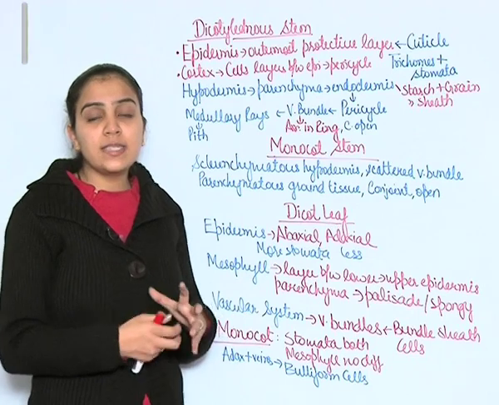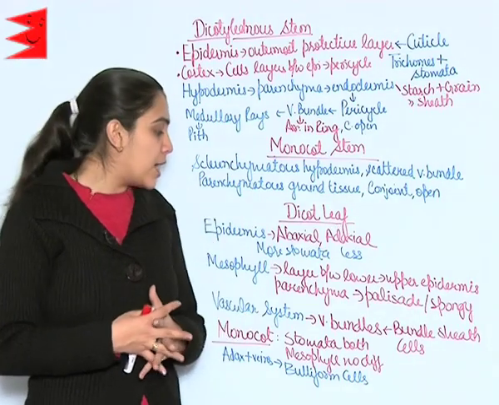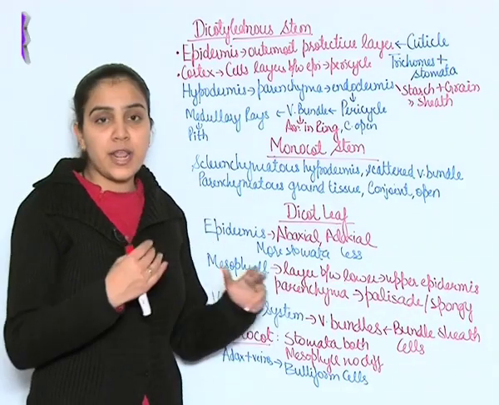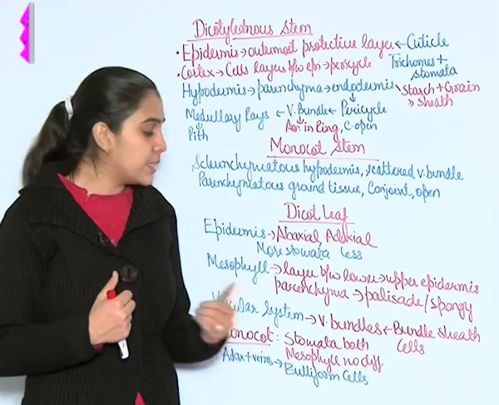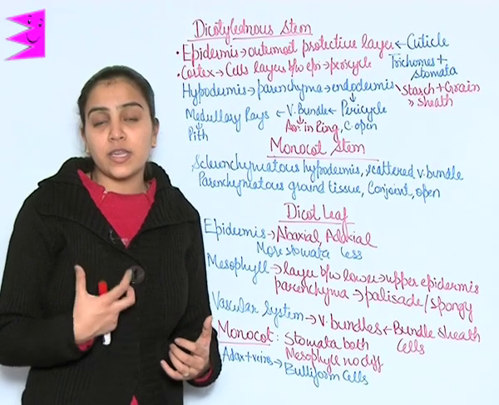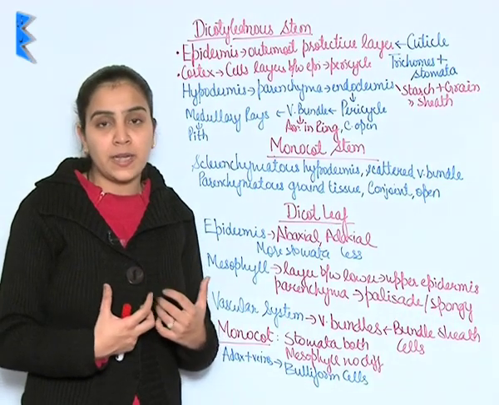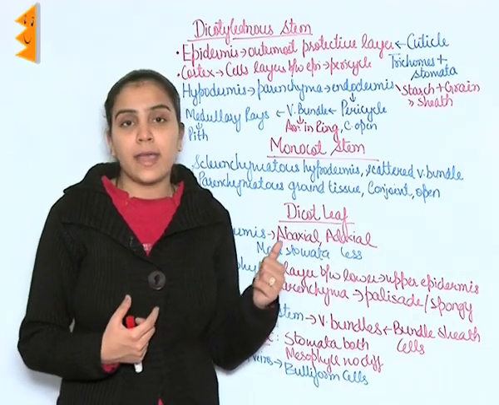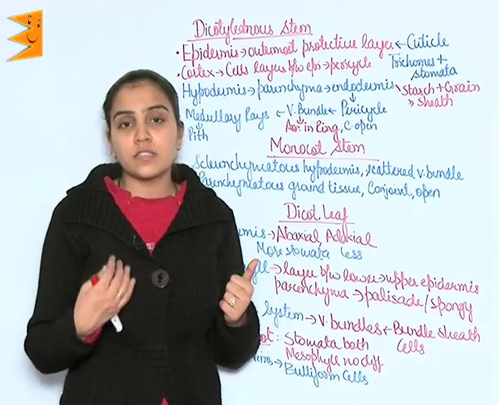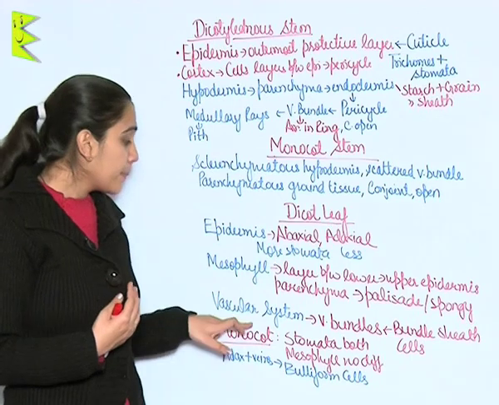Mesophyll, that is, cells containing chloroplasts, are present as layers between the lower and upper epidermis. They are made up of parenchyma and are further divided into two types. You can see in the diagram palisade as well as spongy parenchyma.